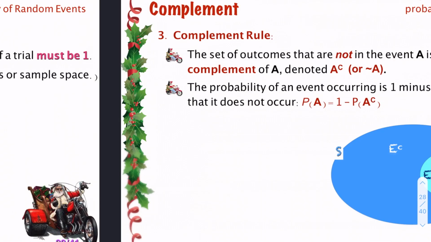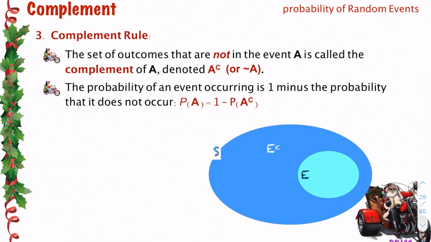If we're talking about the complement, there's two ways to say the complement. With set notation, it means not that. So the set of outcomes that are not in event A is called the complement of A, denoted as A^C, or squiggly line A, or not A. The probability of an event occurring is 1 minus the probability that it does not occur.